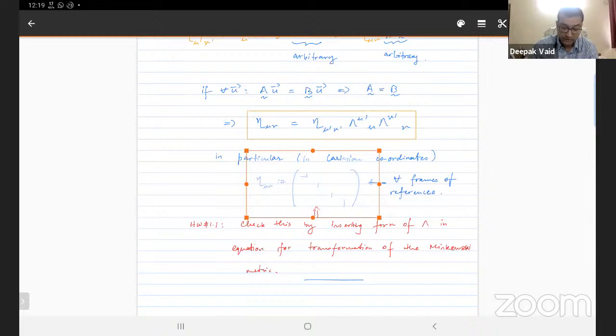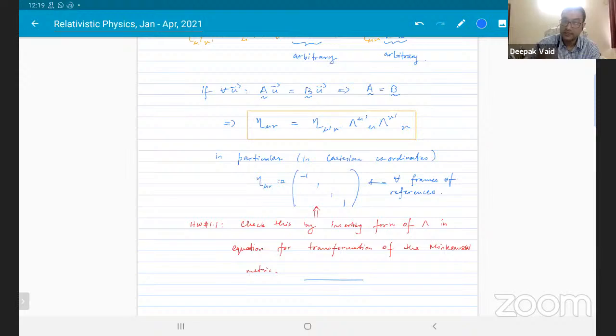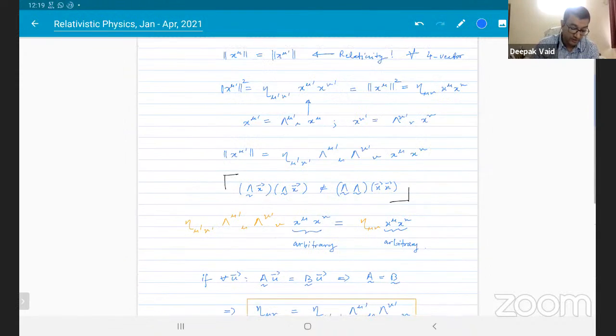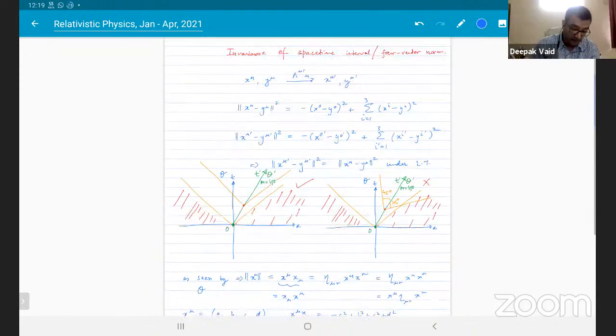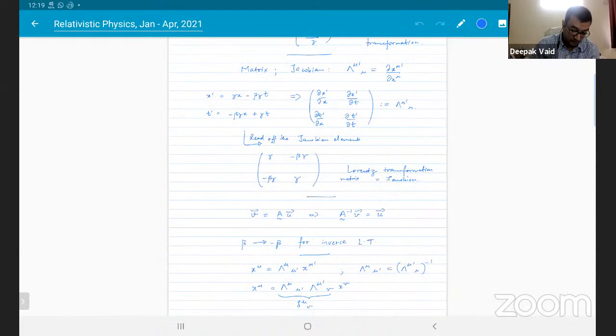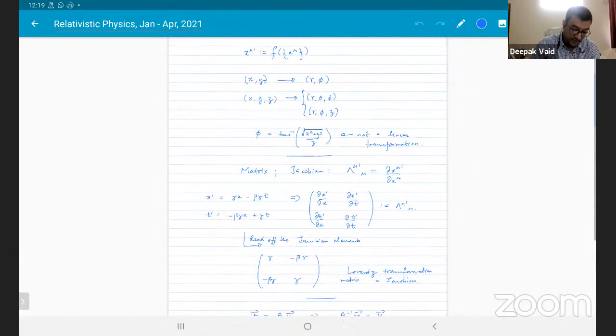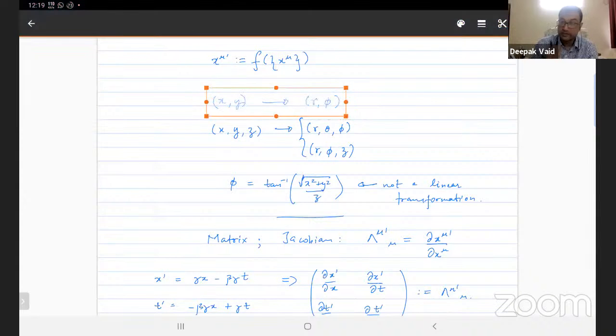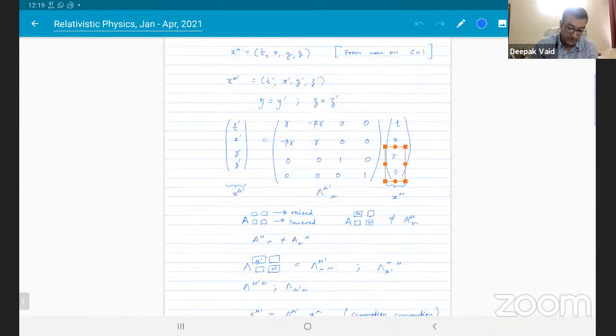Now, Lorentz transformations do not include general coordinate transformations. For instance, if I go from Cartesian coordinates to polar coordinates, right? Let's say I'm in the YZ plane. In this YZ plane, I perform a change of coordinates from YZ to R theta. Now that will not be described by a Lorentz transformation.